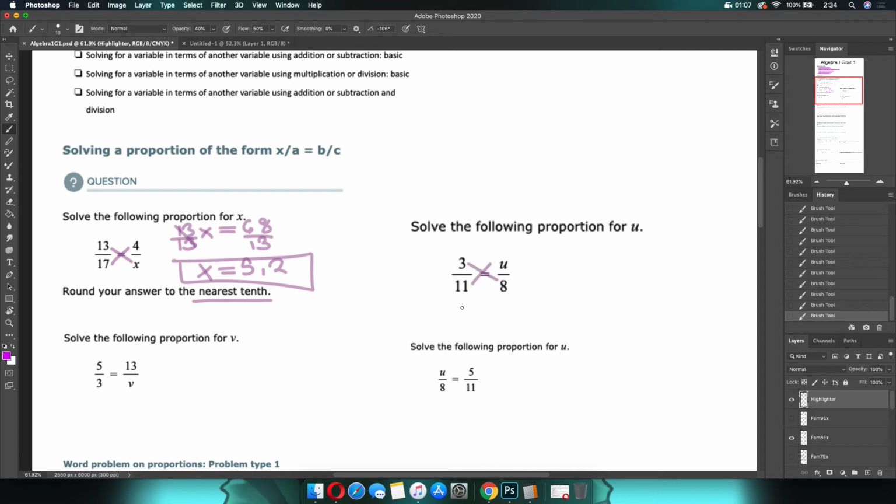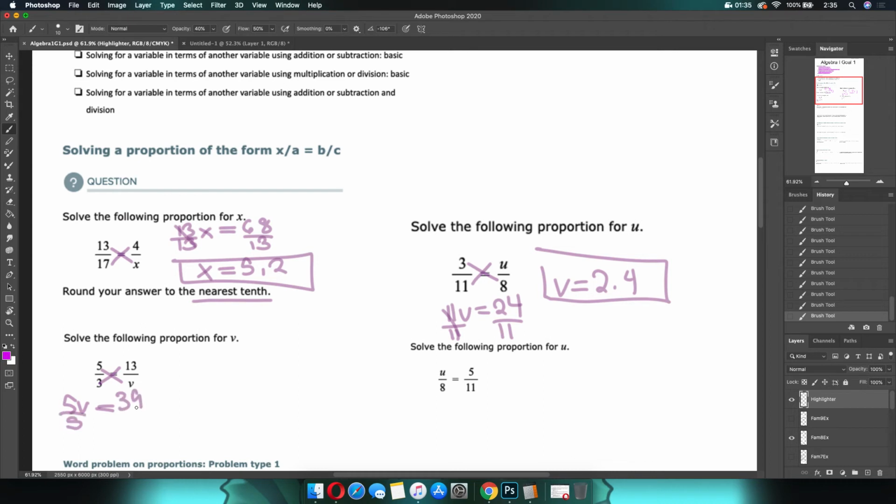Cross multiply again, so that's 11u equals 3 times 8, which is 24. So divide by 11, at least the division for that is easy to do in your head. That is going to be 2.4 repeating, so it will just be 2.4 as your answer, all right? Cross multiply. 5v equals 3 times 13 is 39.